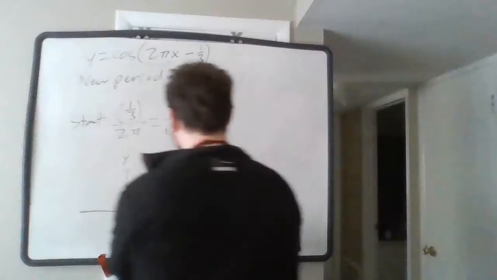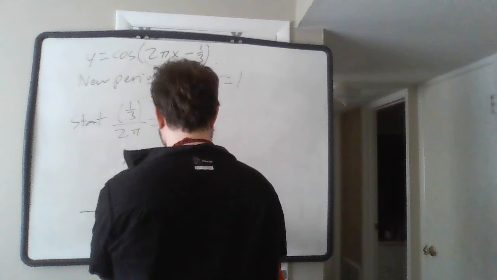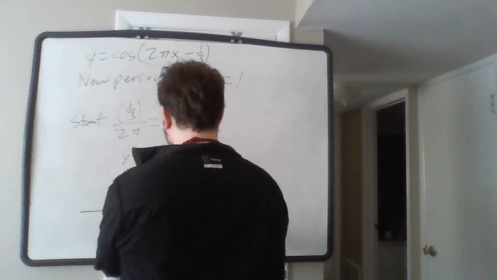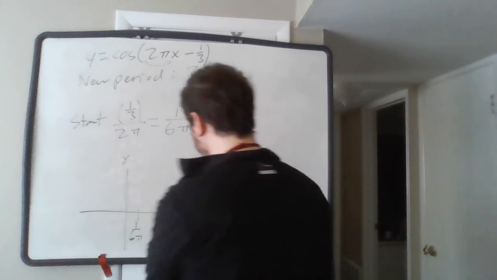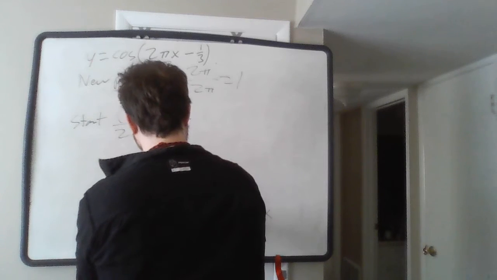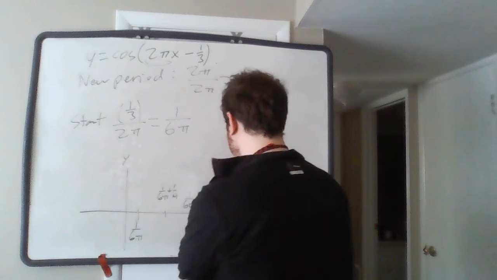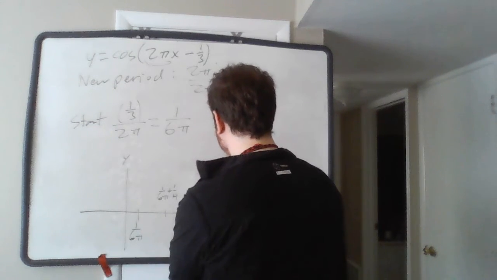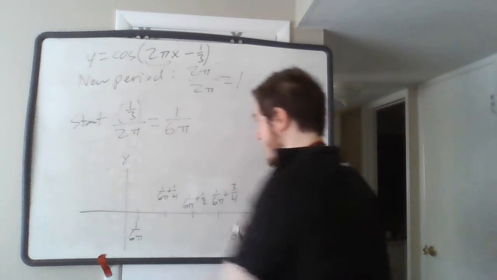Now, halfway through the period is going to be 1 over 6 pi plus 1/2. A quarter of the way through the period would be 1 over 6 pi plus 1/4. And 3/4 of the way through the period would be 1 over 6 pi plus 3/4.